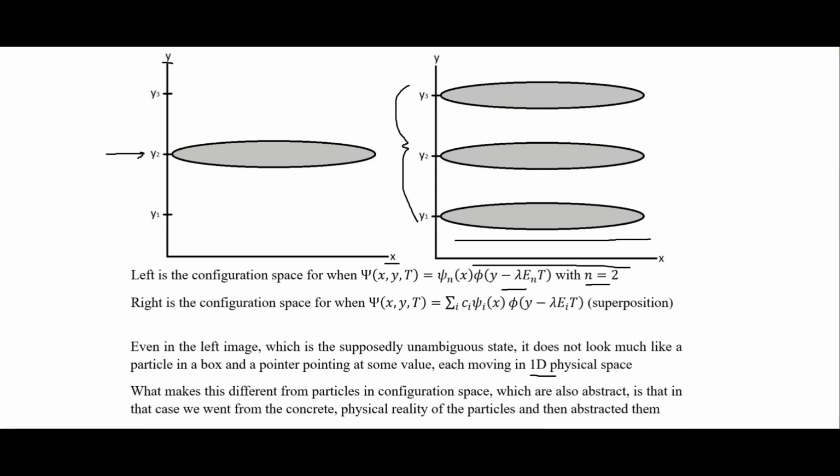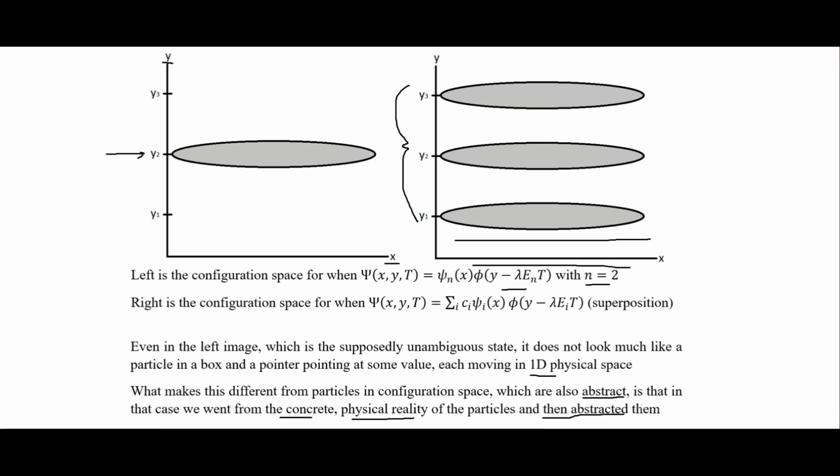You might say that a single particle in an abstract configuration space doesn't look like a particle in three-dimensional space either, but what makes this different from particles in configuration space, which are also abstract, is that in that case we went from the concrete physical reality of the particles and then we abstracted them.